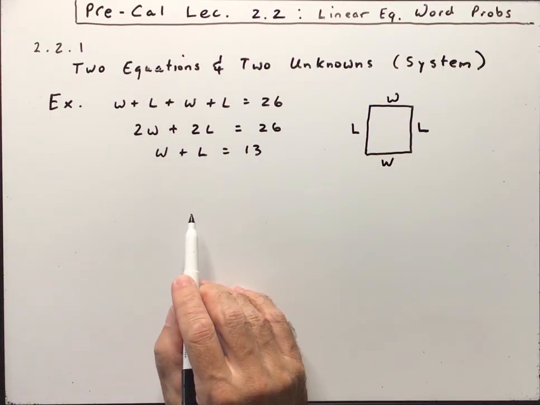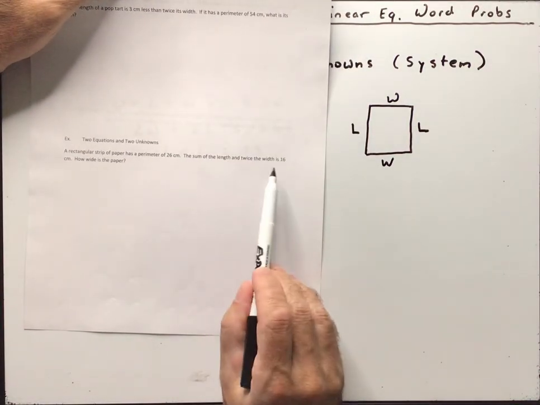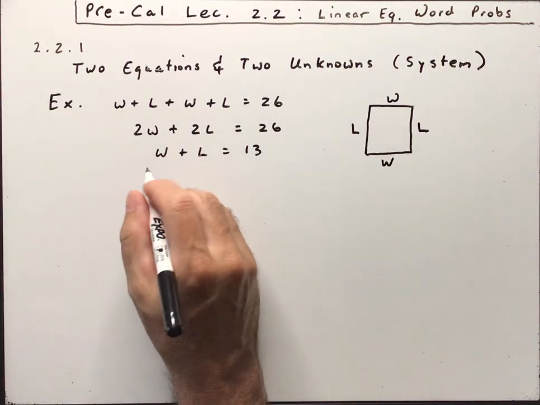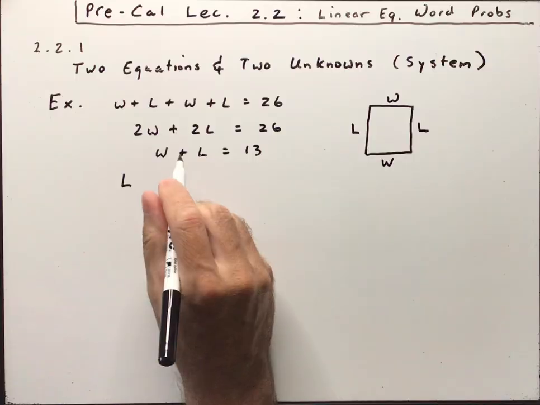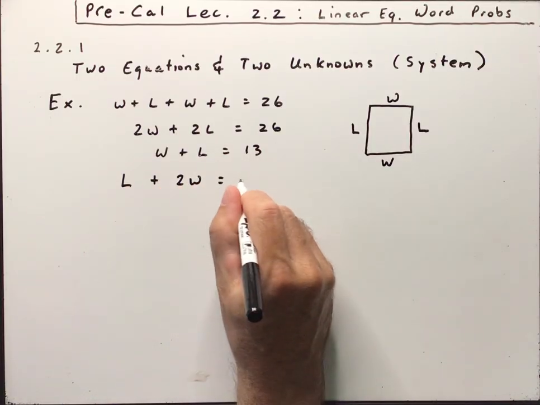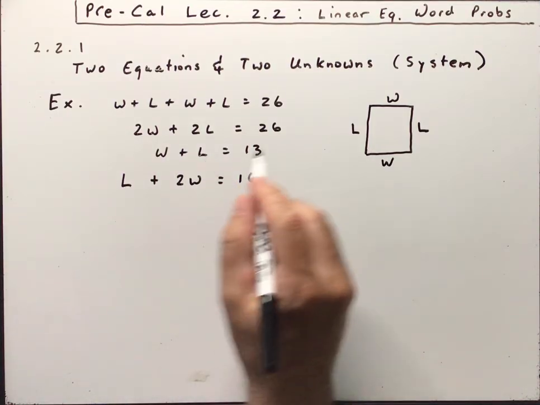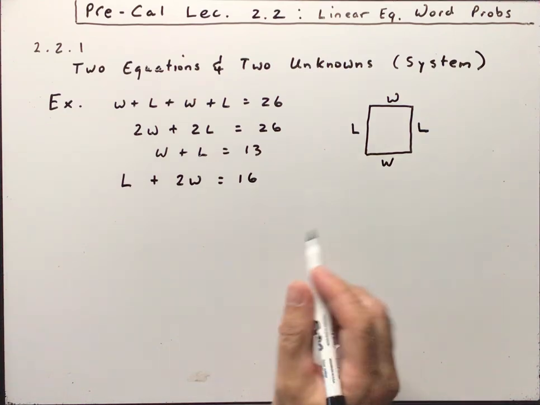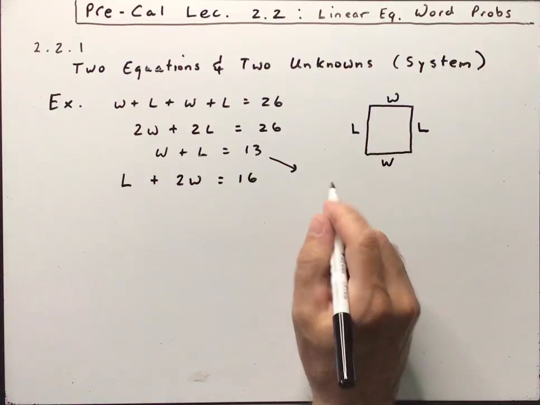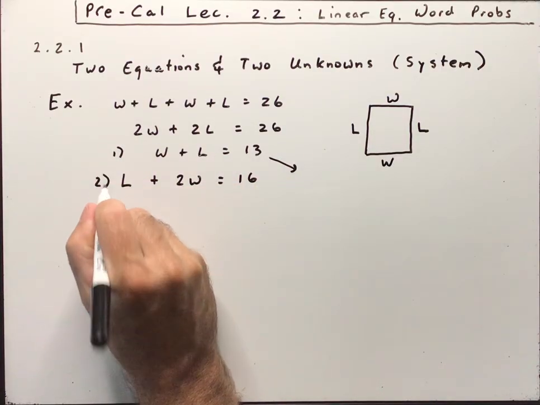But it also says in the problem that the sum of the length and twice the width is 16 centimeters. So we can get a second equation. The sum of the length and twice the width, so L plus 2W, is equal to 16. Now we can solve for probably the easiest one. Let's call this equation 1, equation 2.